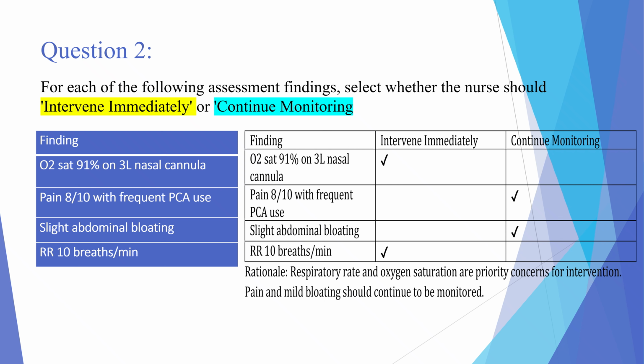We continue monitoring for pain, slight abdominal bloating, we still monitor for that, and we intervene for the 10 breaths per minute. So oxygen, like ABC, is the priority.